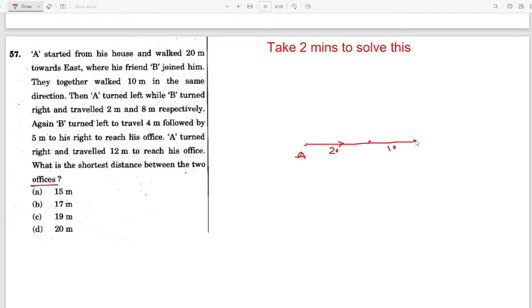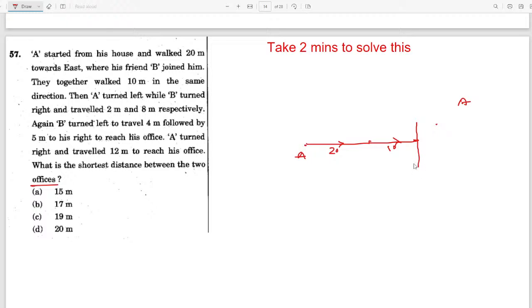Now A and B are here in this point, and from this point A turned left. So if they are moving in this direction, left is this direction. A turned left while B turned right. So this is A's direction, and this is B's direction.